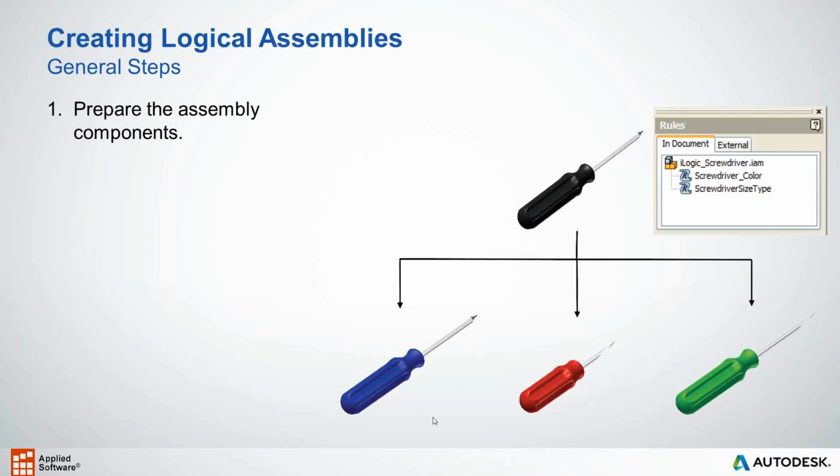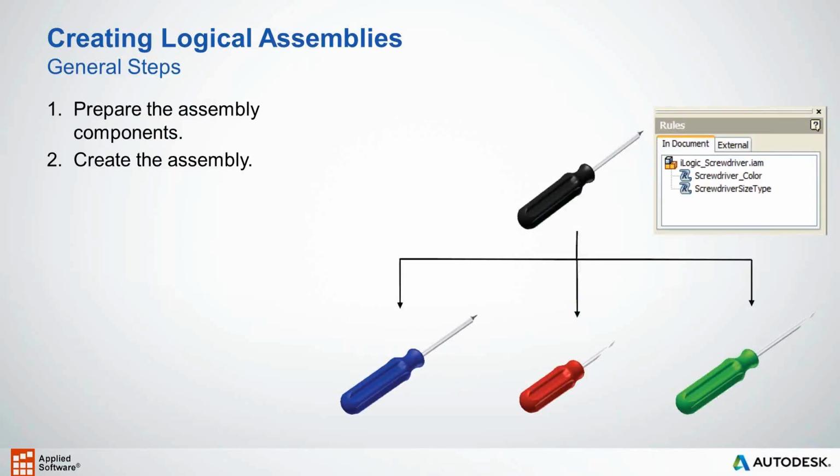Number one, we need to prepare the assembly. That means, once again, ensuring that all the dimensions and everything are working as we want.